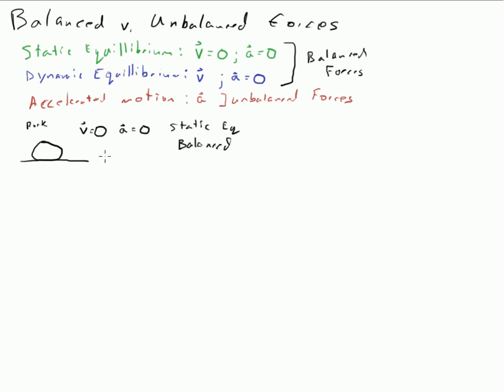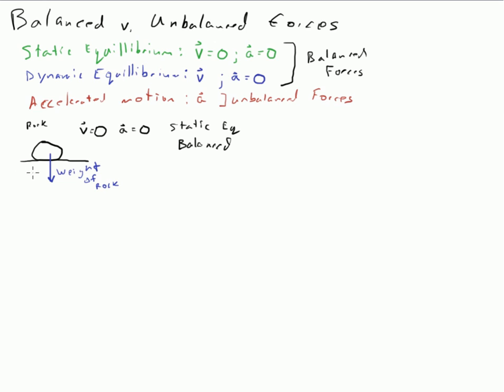Now, the last thing you want to do here is actually identify the forces that are acting on the rock. The most obvious one is that gravity is pulling down on the rock, or the weight of the rock, we can call it that. Right, the weight of the rock pulling down.